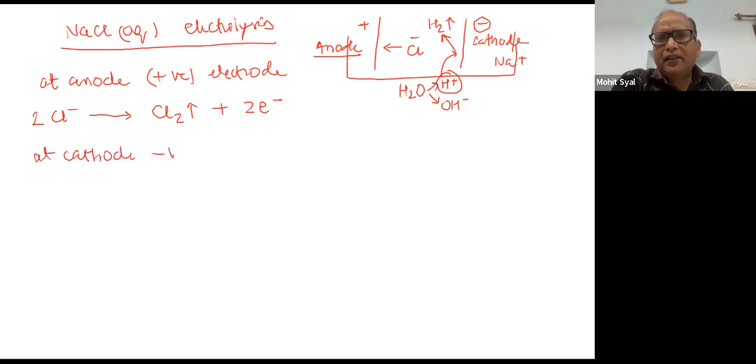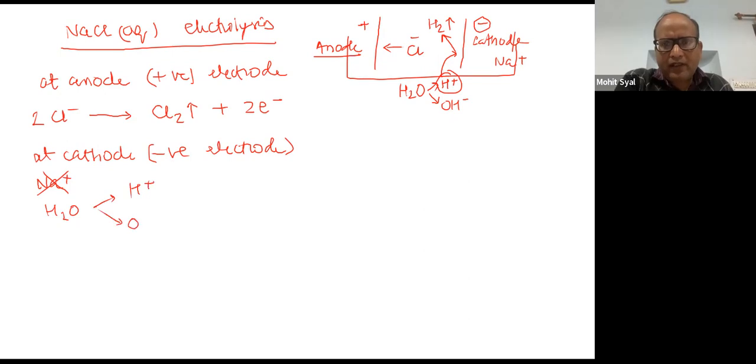The cathode is the negative electrode, and cations which are positively charged get attracted to it. So who is going to go to the cathode? Na+ will not go, because it is already very stable. From water, H2O, you can think of H+ and OH-.